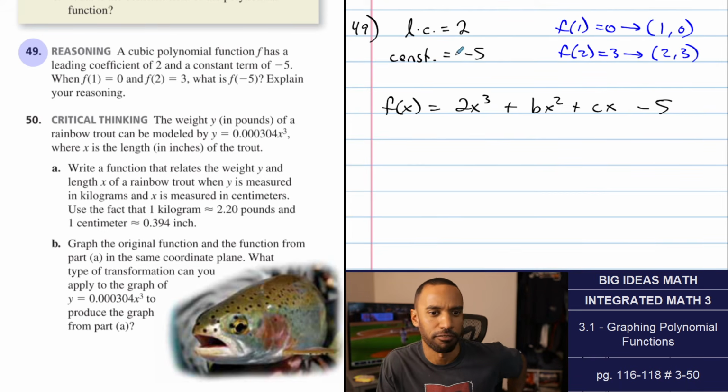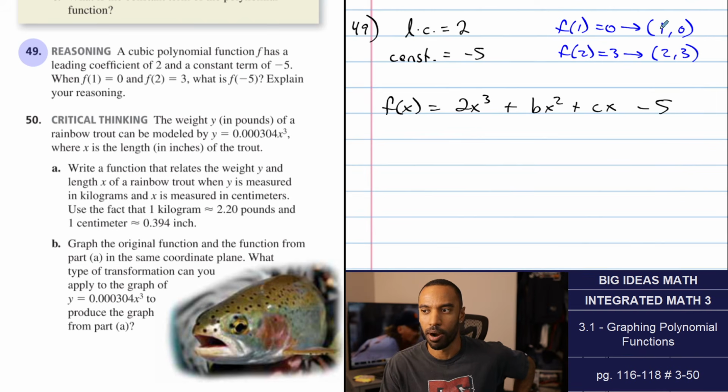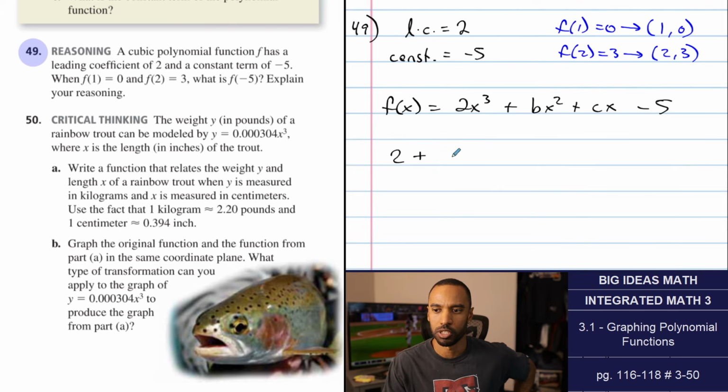They're asking what's f of -5? We need to come up with the equation. We have to figure out what b and c are here. We've done this in section 2.4, systems of linear equations. And don't treat this as a system of 4. Even though there are 4 parts, we're going to plug 1 into these. So 2 times 1 cubed is 2, plus b times 1 squared is b, plus c times 1 is c, minus 5 equals 0. f of 1 is 0.